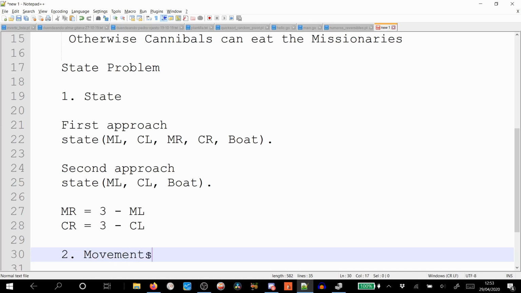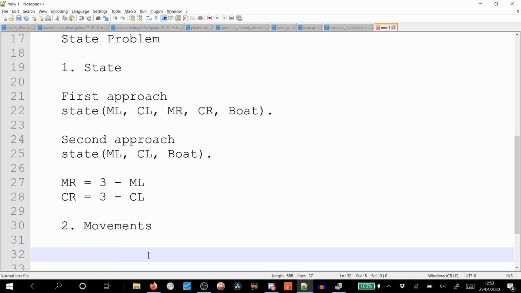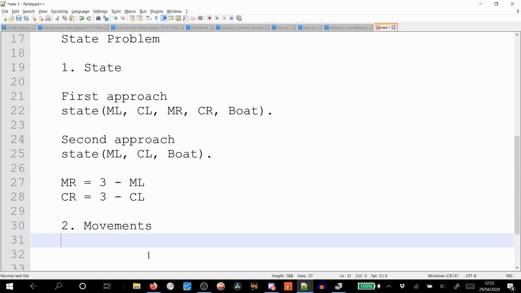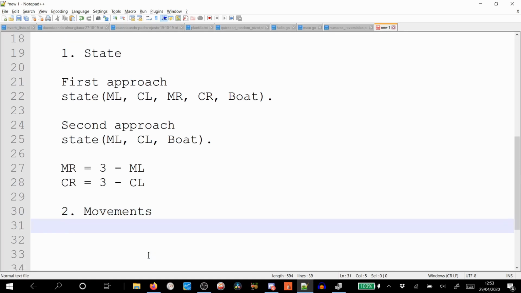To resolve that, what are the movements? If we think about the movements here, we can say, okay, it's possible, like we did with the case of the carafe of water. We can say, okay, I can move one missionaire to the left.